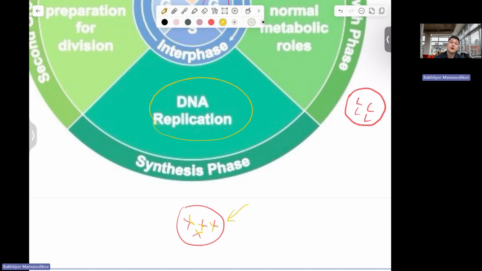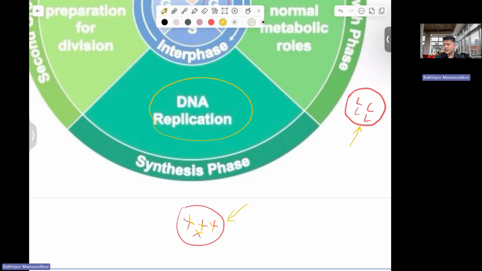Each chromosome becomes two sister chromatids. Here each chromosome has one sister chromatid, but in the S phase, each chromosome has two. Before your bone marrow cell divides to make new red blood cells, it must copy all its DNA in the S phase. This is an example for the S phase.